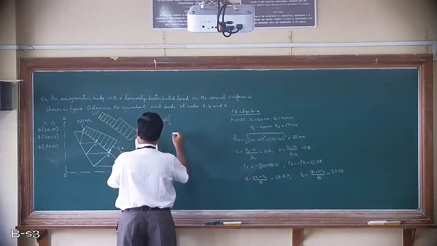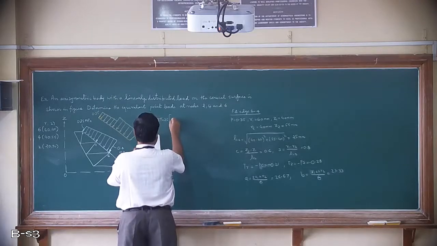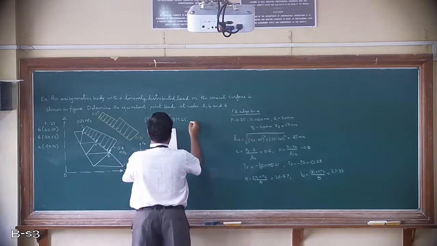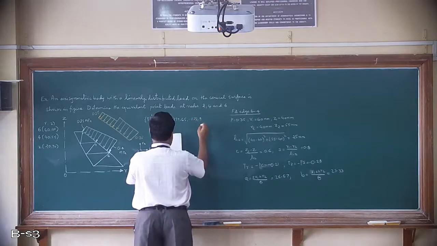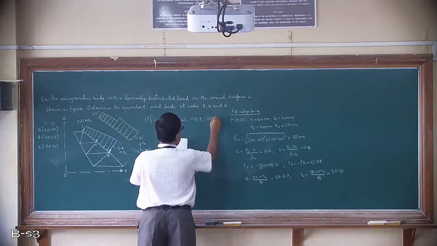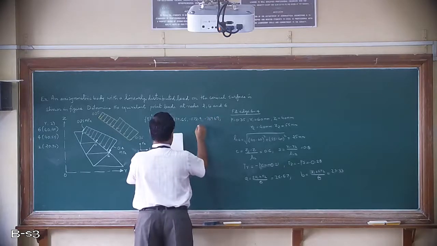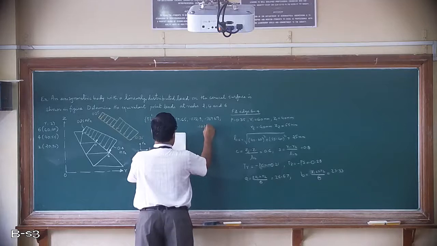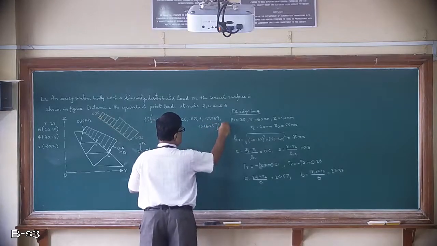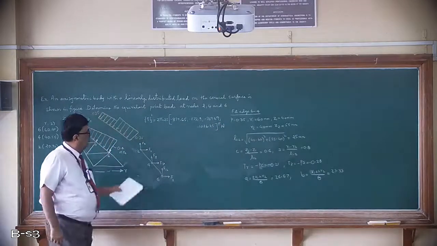If you do that, you get minus 879.65, minus 1172.9, minus 769.9, comma minus 1026.25. These are in newtons. These are the various forces which are acting on this.